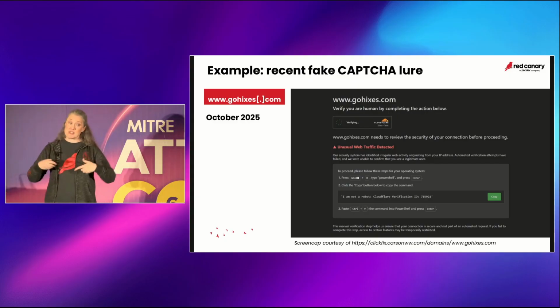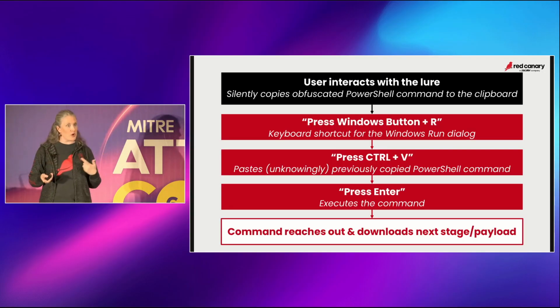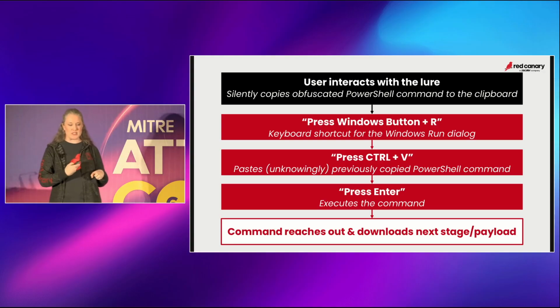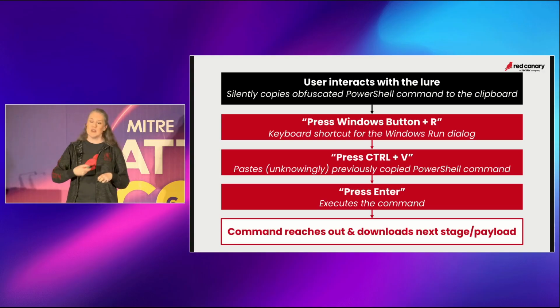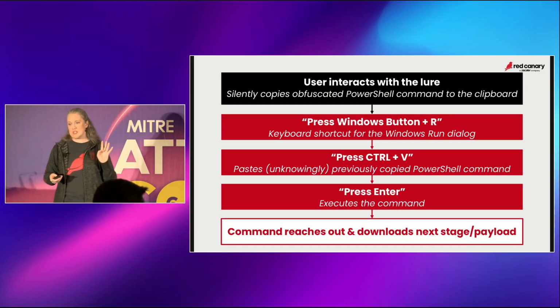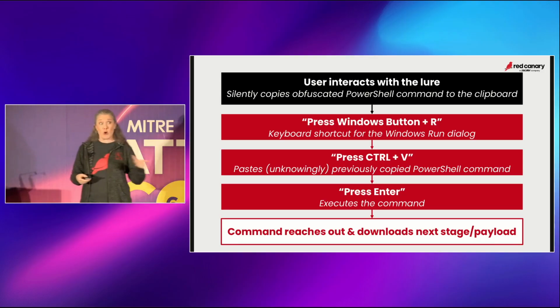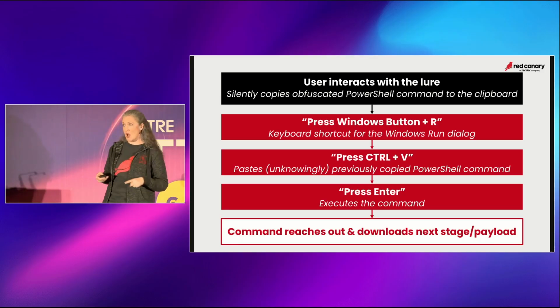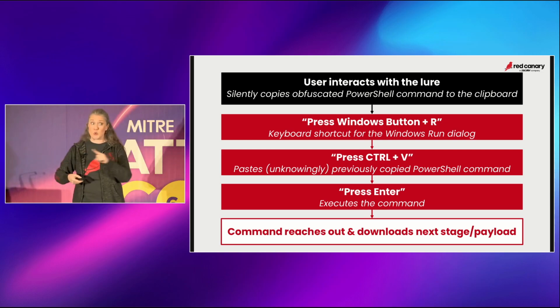So what happens is the user will interact with the lure. Sometimes that is what silently copies the PowerShell command to the clipboard. The previous lure, if you take a look, I don't know if you can see it, actually just says click this button and copy this. It's usually not that overt, but sometimes it is. Users will be prompted to press Windows R, or sometimes Windows X, which also runs the Windows Run dialog, but without the RunMRU key created.